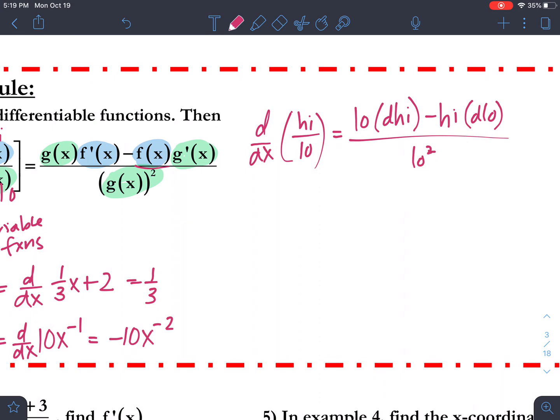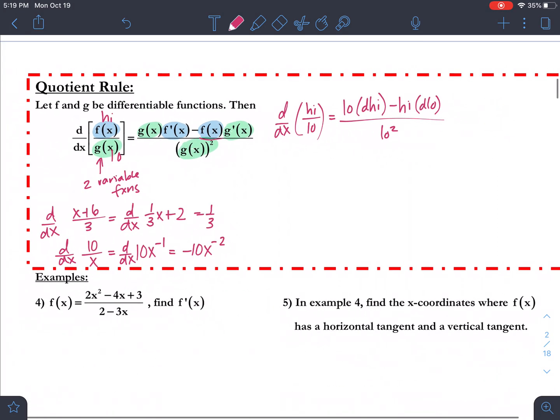It's a great way to remember this, and definitely a quick way to, in your head, get this down. Again, that's talking about the low function times the derivative of the high function minus the high function times the derivative of the low, over the low function squared. Okay, so keep that one in mind. Again, it's a nice little word trick to remember it.